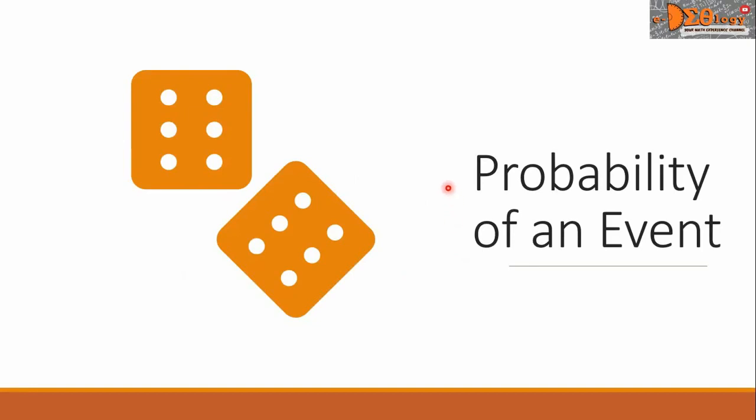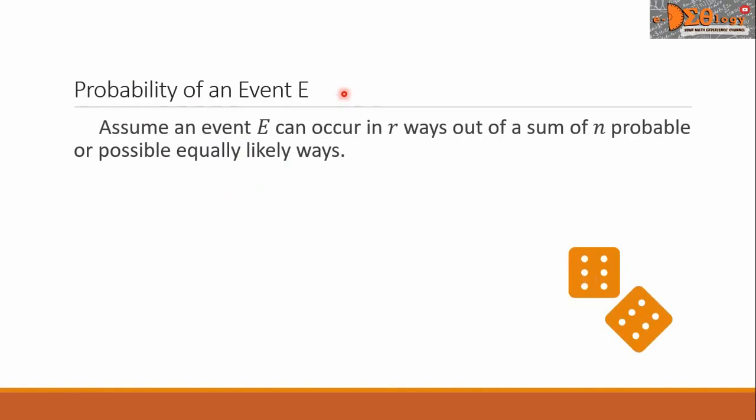Let us now study the probability of an event. In particular, we will have the probability of an event E. Assume that an event E can occur in r ways out of a sum of n possible equally likely ways.